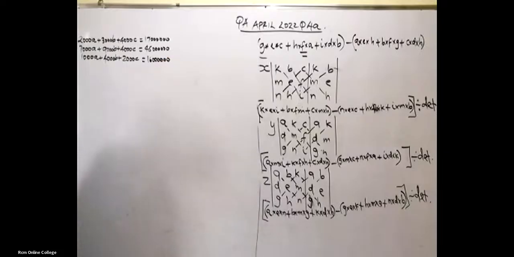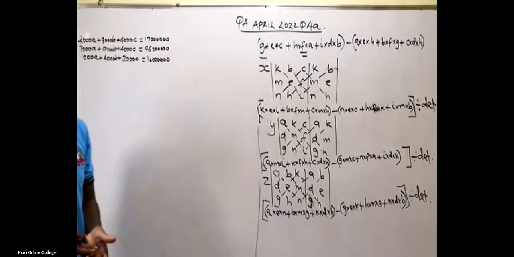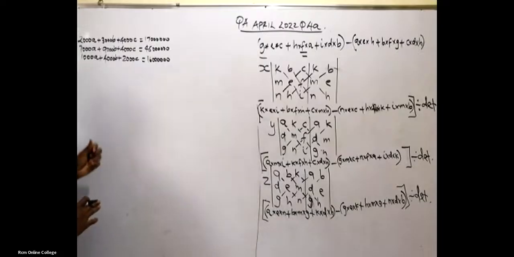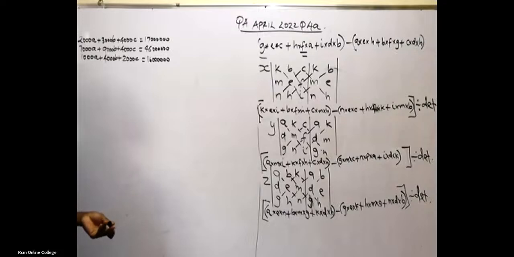Now, from this, we need to build up a matrix. You will take a lot of time working with so many zeros, so why can't we eliminate the first 3 zeros?